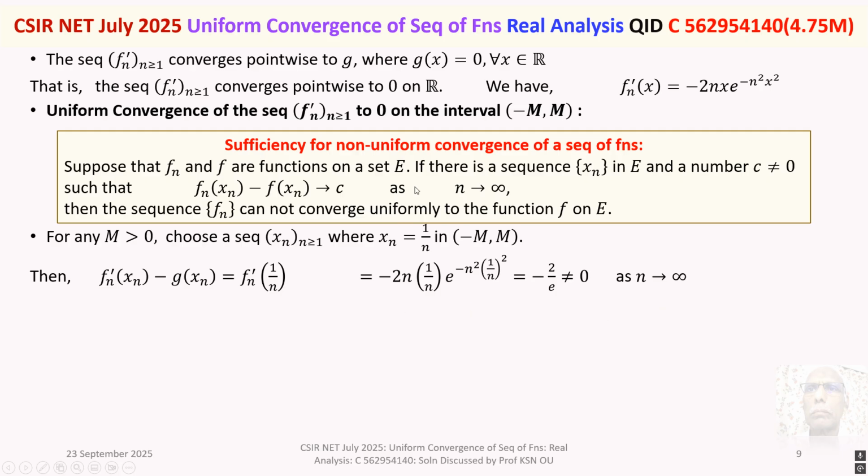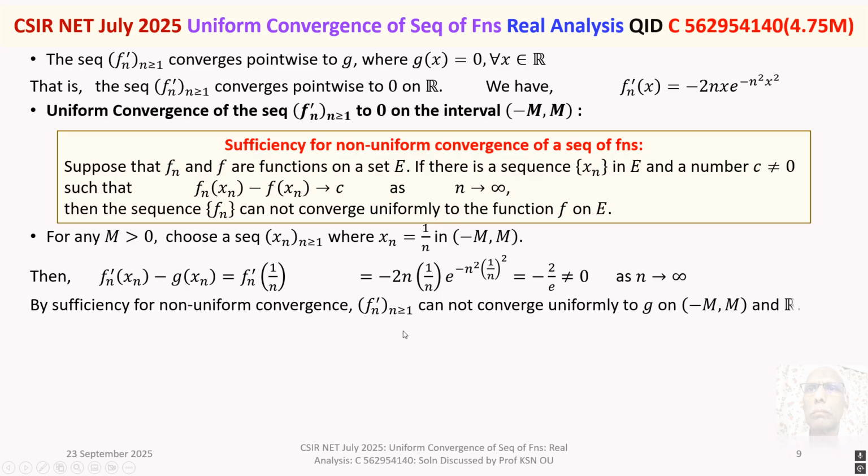Therefore, by the sufficiency criteria for non-uniform convergence, the sequence Fn prime cannot converge uniformly to g on minus m to plus m, and thereby on the whole of R.